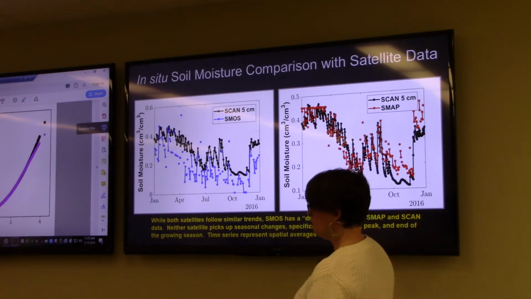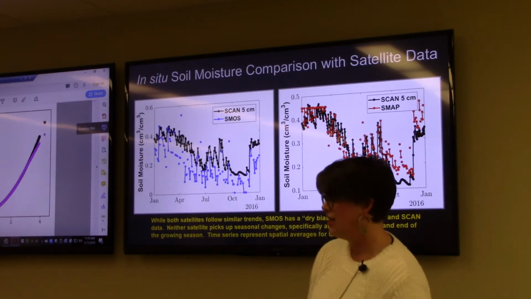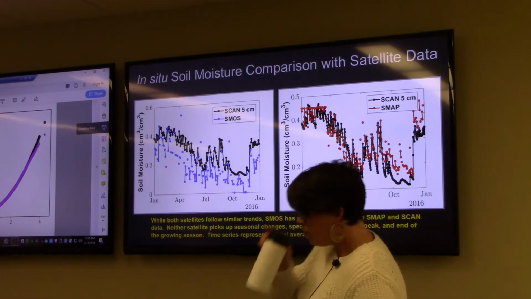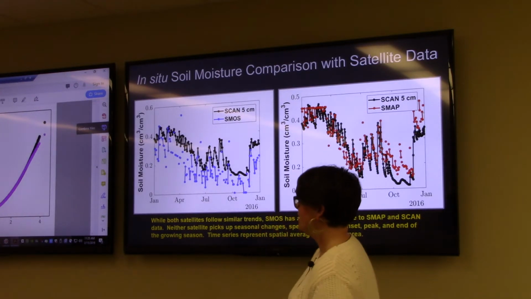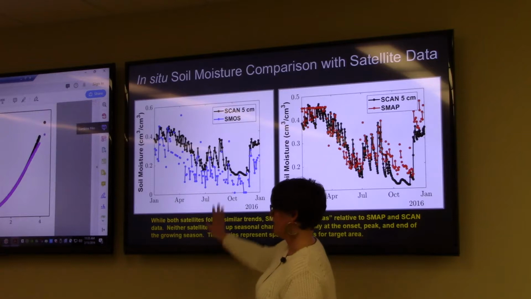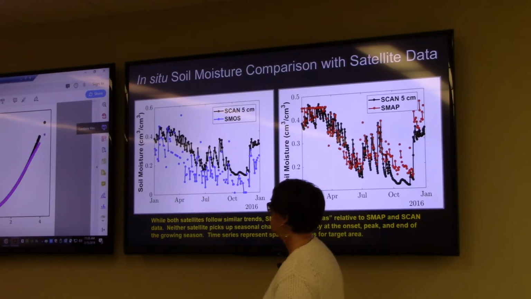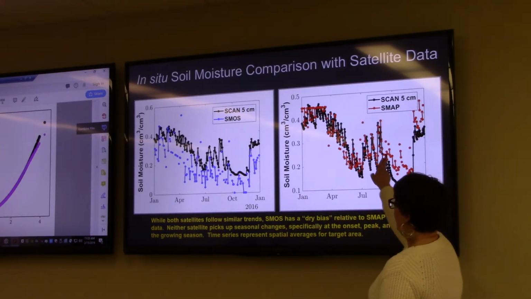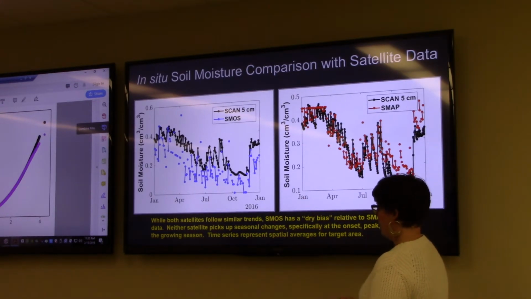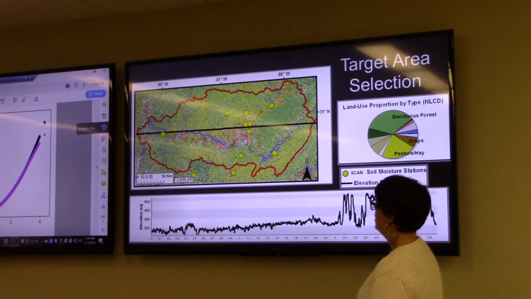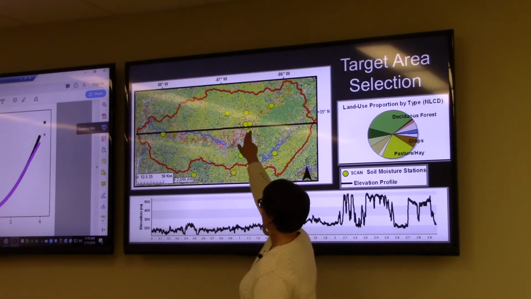Now I actually looked at a couple of different satellite data sets for soil moisture. On the left here, I used the SMOS data set, which is from a European satellite, soil moisture ocean salinity from the ESA. And on the right, I have the SMAP satellite. Now, this black curve in each of these plots is from one of these little yellow stations here.